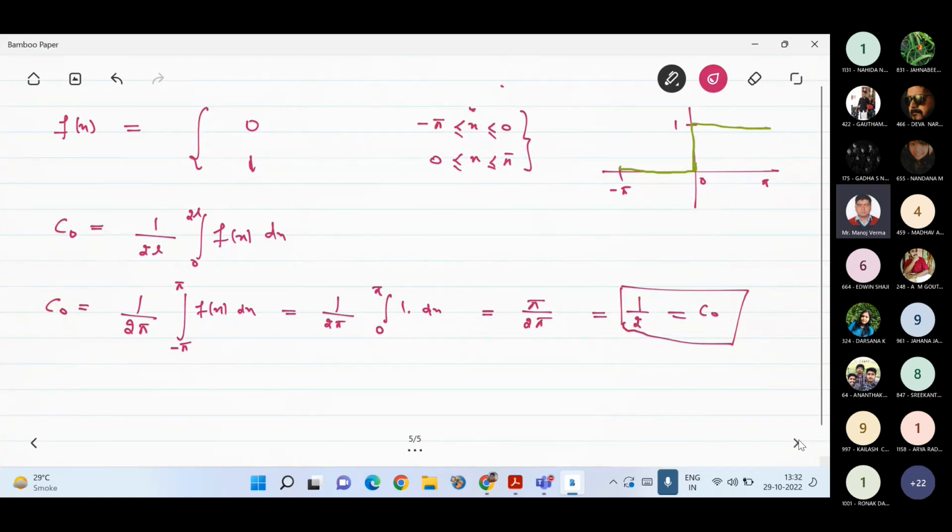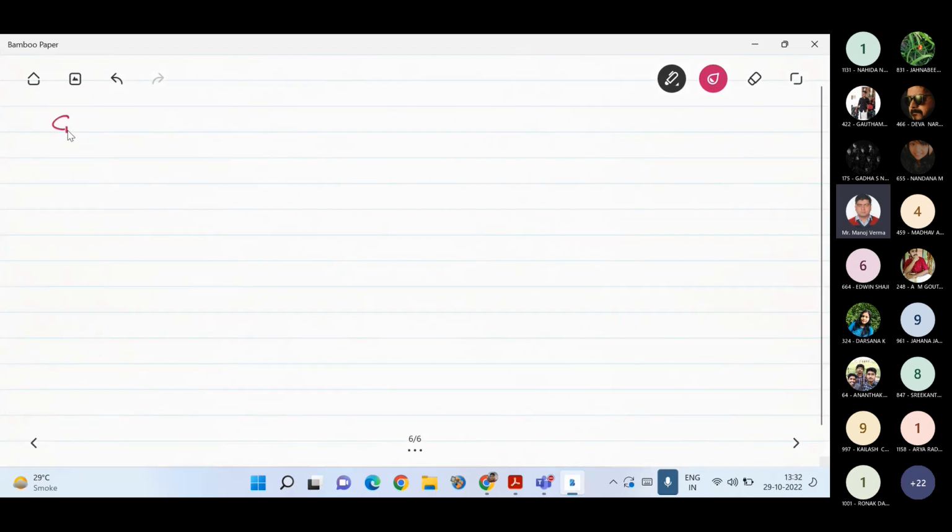And let's see what will be the value of Cn for this function. It was 1 over 2 pi, from minus pi to pi, f(x) e raised to the power minus iota nπx/L dx. From minus pi to 0, the function is 0, so the whole term will become 0.